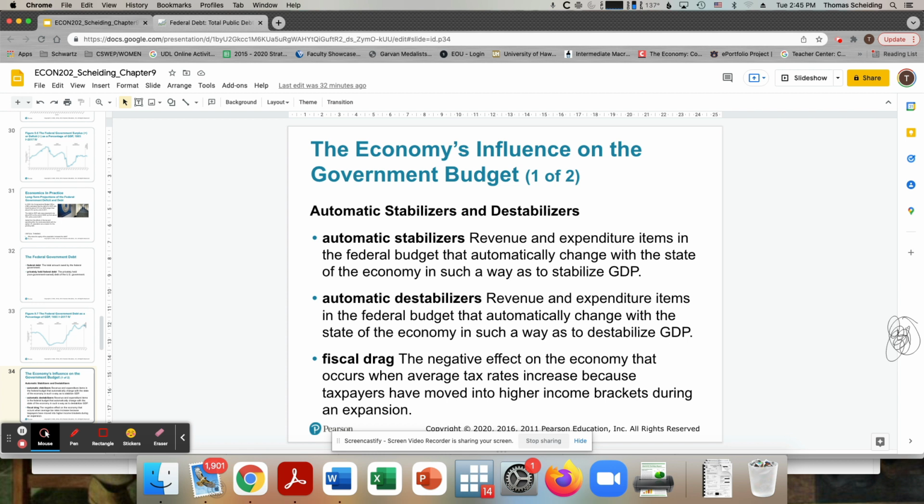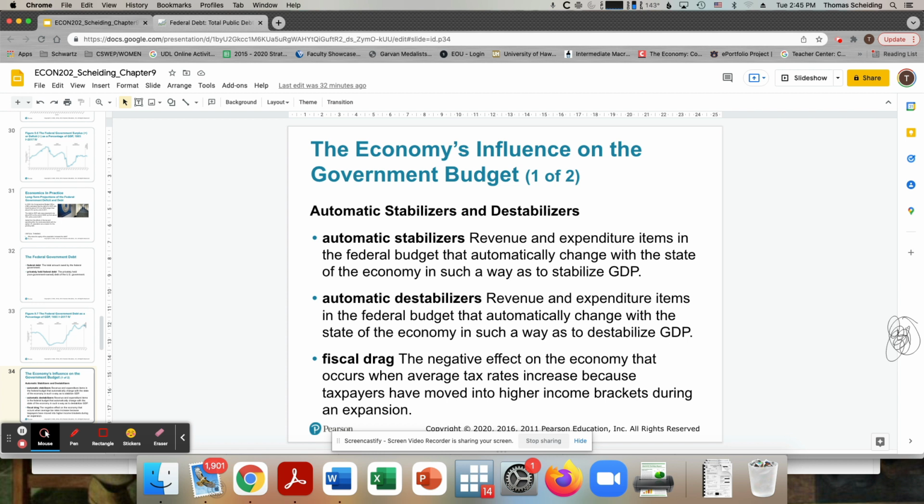And when the economy is doing well, the government is going to spend less money, because fewer people are going to need government assistance of various kinds. Now, those things happen automatically. What's nice about that is that we don't have to wait for economic change to occur.